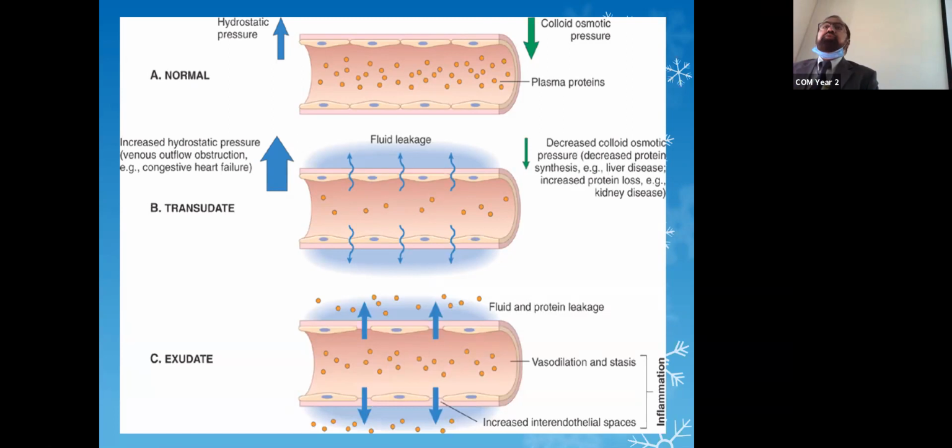What happens in exudate? In exudate, you have protein leakage from the blood vessel. For this, there should be increased permeability, and this increased permeability comes from chemical mediators which cause spaces between the endothelial cells, and then the cells can go out.